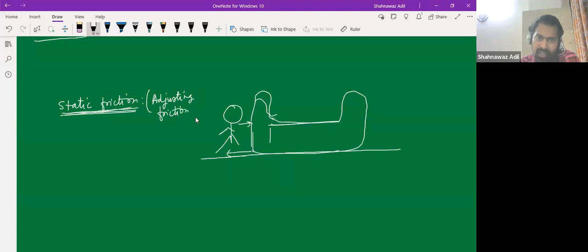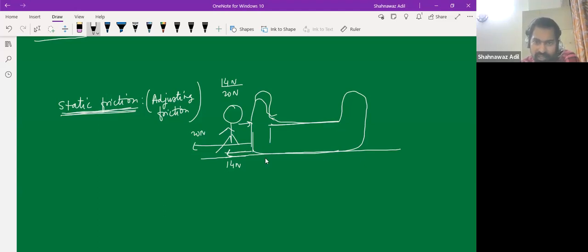Okay. Let's say initially Akib was applying 14 Newton force, right? And this sofa is also applying how much force? 14 Newton, right? Let's say that Akib is applying 20 Newton, then this sofa is also applying 20 Newton force. At that point, this sofa is stationary. It is not moving.